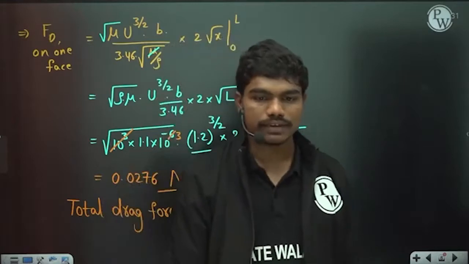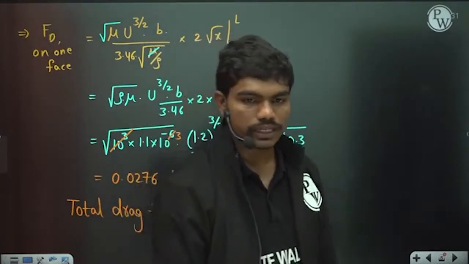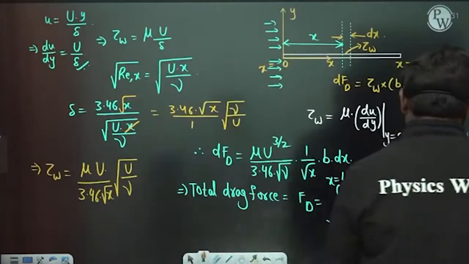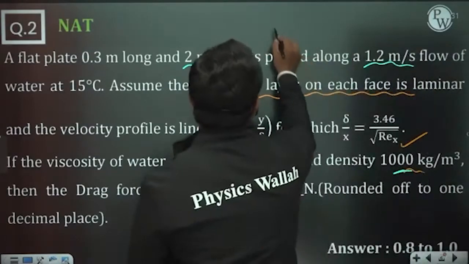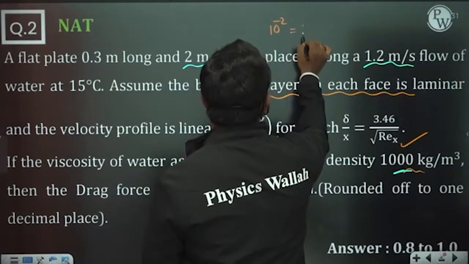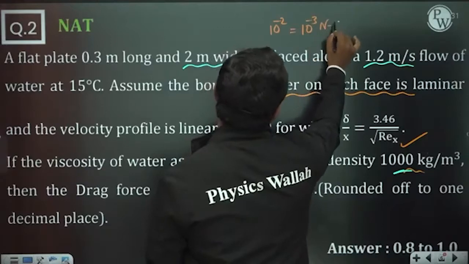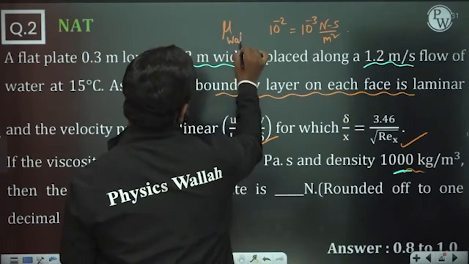Can we solve by skin friction coefficient? Is the dynamic viscosity value so less? Yes, might be, because normally the dynamic viscosity of water is 1 centipoise, correct? 1 centipoise, so 10 power minus 2. On an average we get 10 power minus 3 Newton second per meter square, because the dynamic viscosity of water is like this.